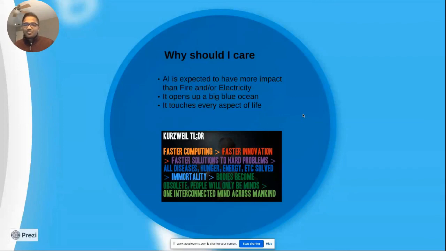Kurzweil is one of the prominent speakers about computing. I think he was leading one of the big projects at Google a few years ago. I don't know whether he's still at Google, but this kind of summarizes everything. Faster computers mean faster innovation and faster solutions to hard problems, and in a way it makes immortality possible, and one interconnected mind across mankind.